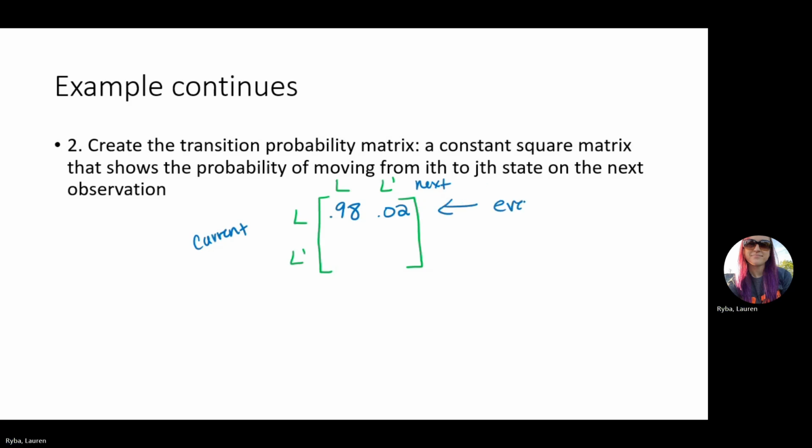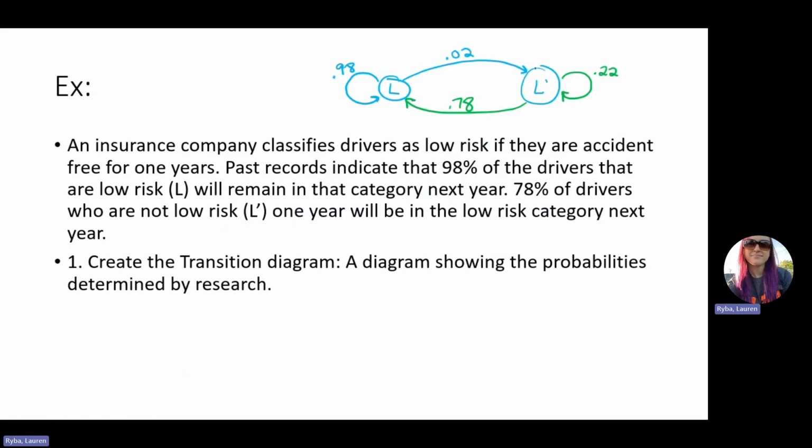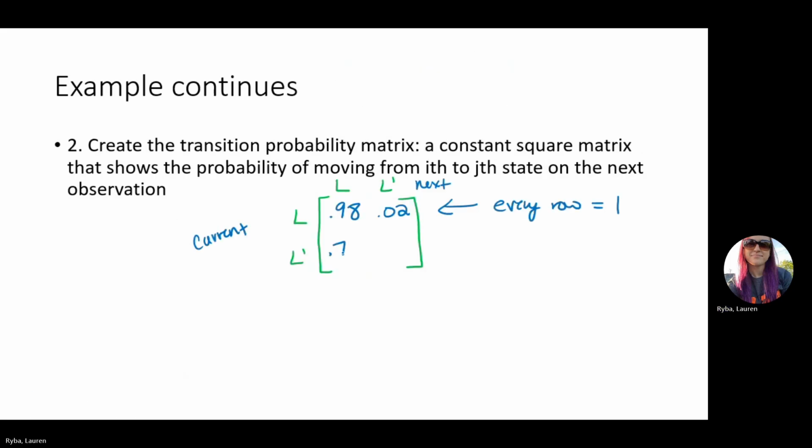Note, every row will sum to 1. So if I go back and look at those that start in L naught and move to L, so start in L naught and move to L was 0.78. And then we had 0.22 that stayed within the group. Again, if I add those two together, I do get a sum of 1.